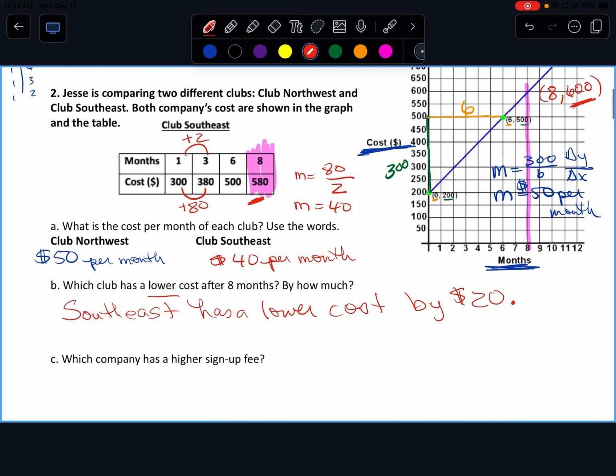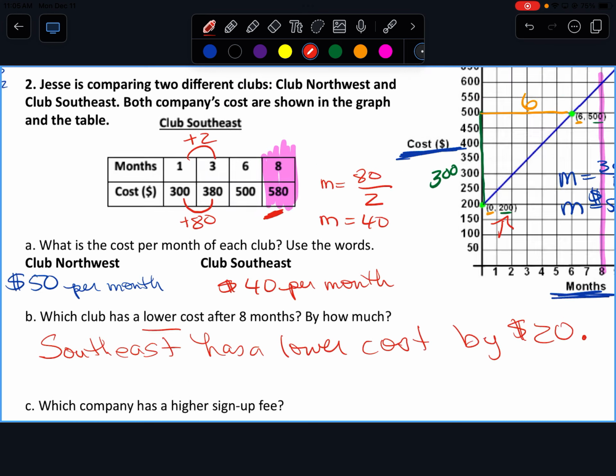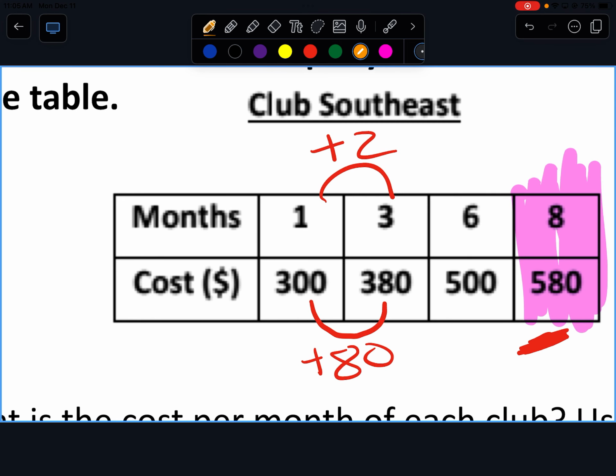Which company has a higher sign-up fee? So which one has a higher initial value? Well, this initial value is 200. We need to find the initial value here. So if the slope here is 40 over 1, that means I go back 1 month, that would be 0.